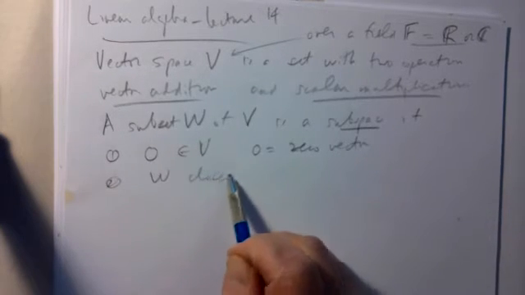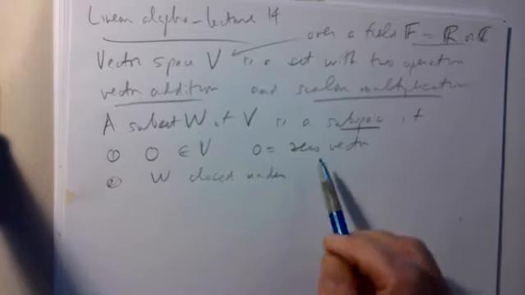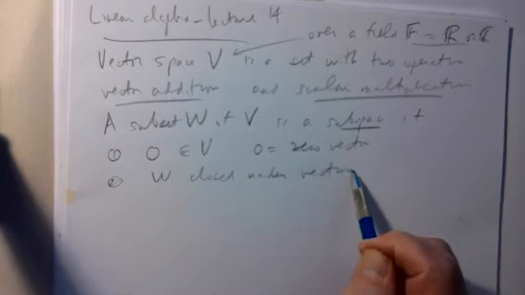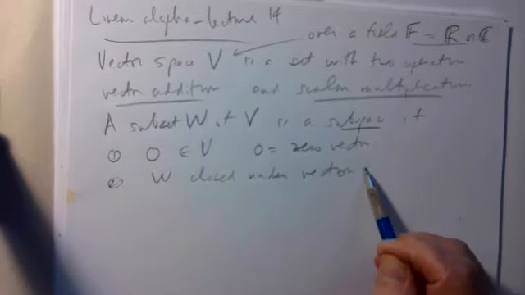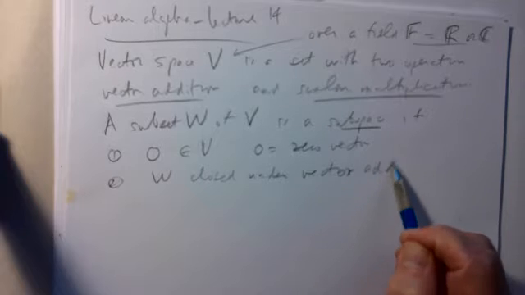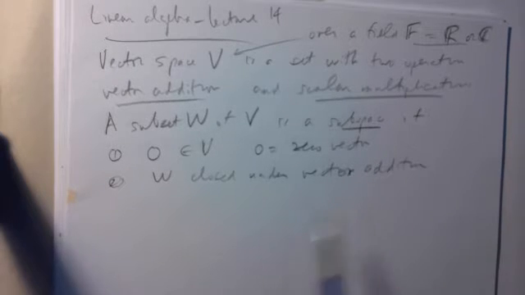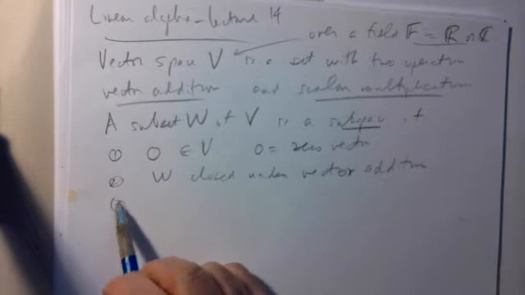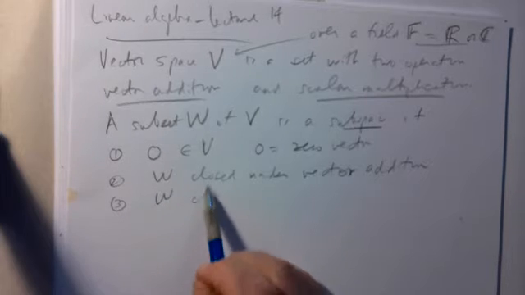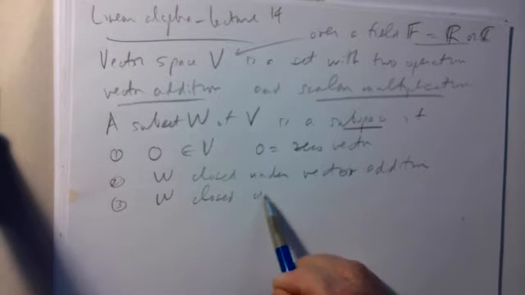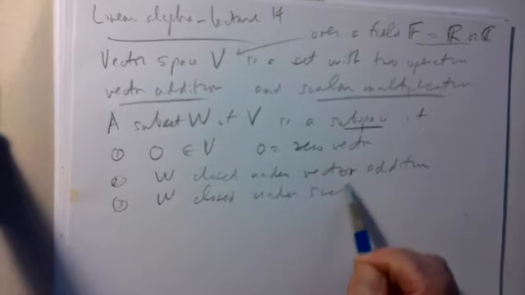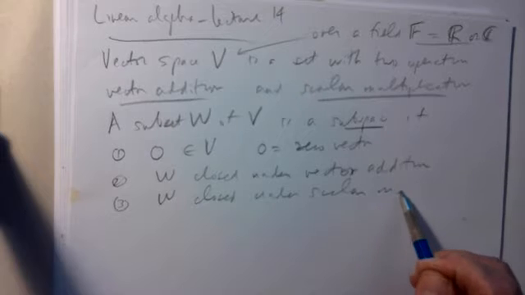W is closed under vector addition, so if you take two vectors in W, the sum is in W. And W is also closed under scalar multiplication.